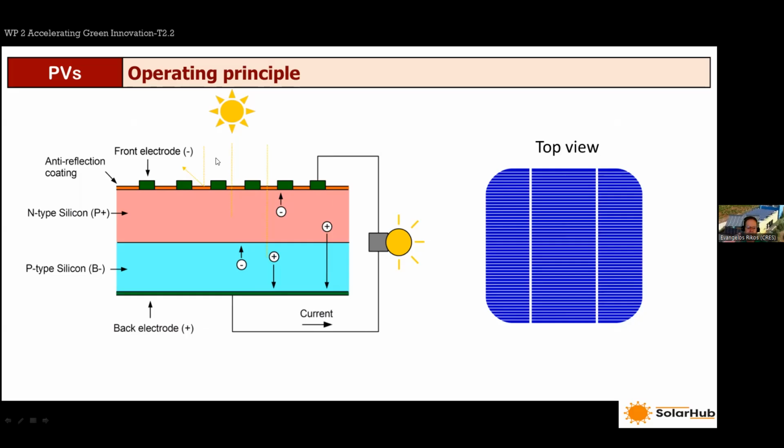There is a grid on the top surface, because otherwise we would be blocking the sunlight, and we would not allow any sun to penetrate the semiconductor. But the back electrode can cover, let's say, the entire surface of the cell.